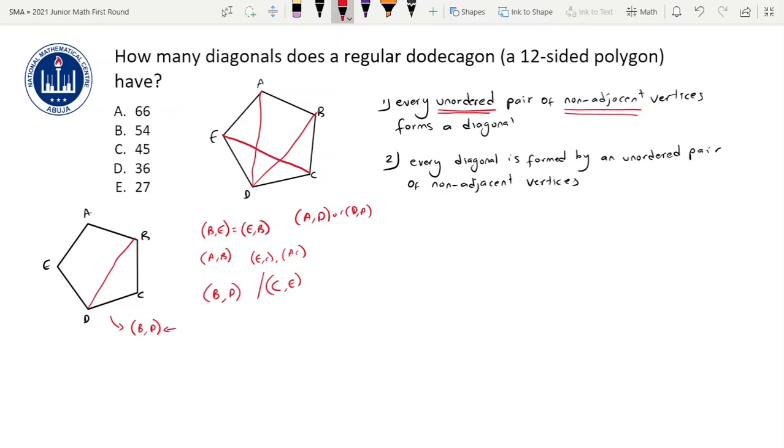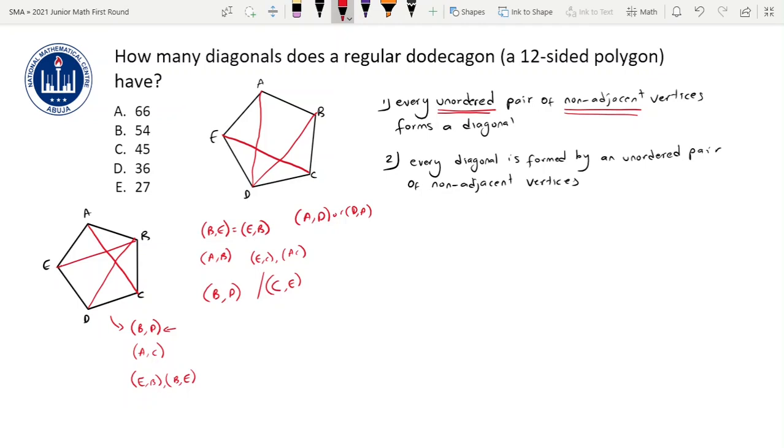If you pick any other diagonal in this shape, let's say this diagonal here, at the ends of this diagonal, you have the vertices A and C, and this is an unordered pair of non-adjacent vertices. If you pick this one, you have the unordered pair of non-adjacent vertices EB or BE, since we said that the order doesn't matter. So that's what the second observation tells us.